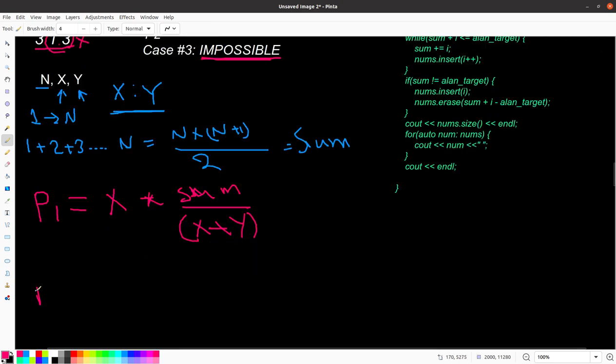For the second person, the summation of the numbers given to this person is sum minus p1, which will equal y multiplied by sum divided by x plus y.